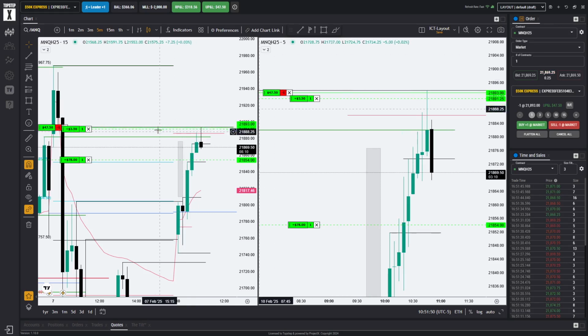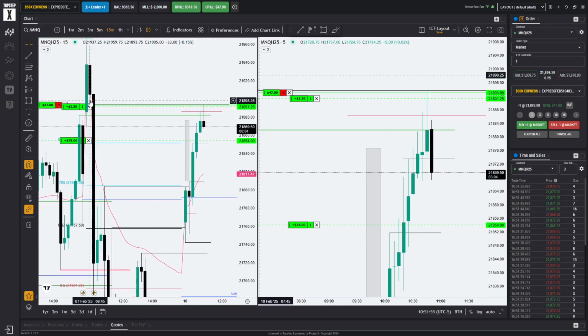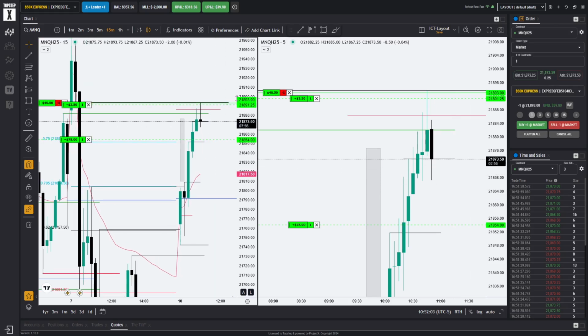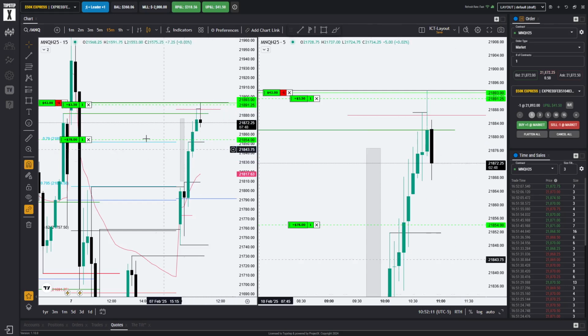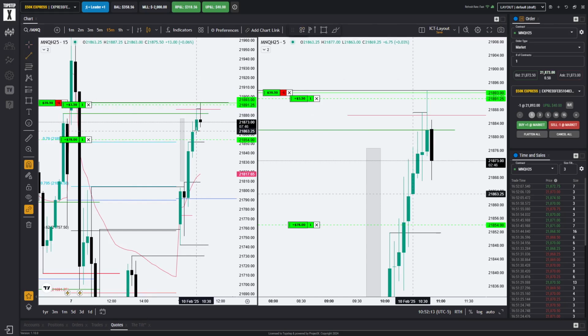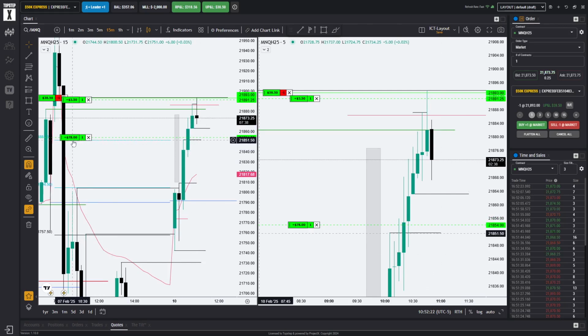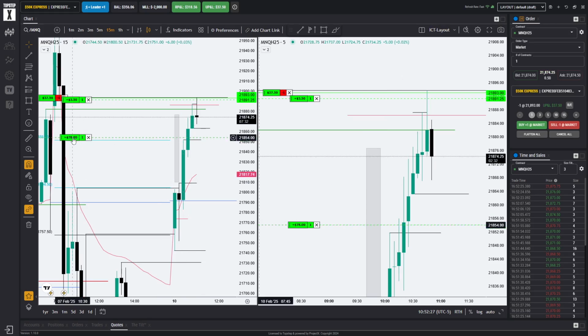So lovely response of that trapped longs up here. And I don't need that. And that's like a minimum to take that 15-minute candle low. I would not be surprised if we even go down here. That would not surprise me.